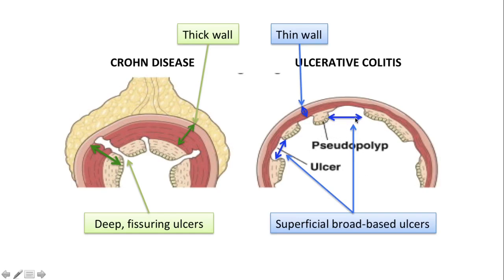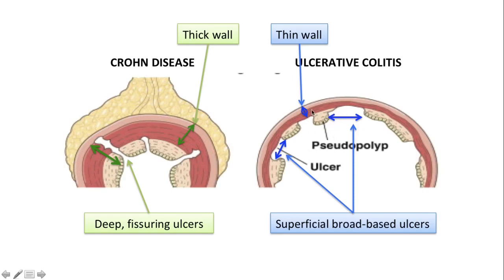Note how, because the ulcers are so broad based, so much of the surface mucosa and submucosa are lost. Whatever islands of residual mucosa and submucosa remain actually make up the pseudopolyp.